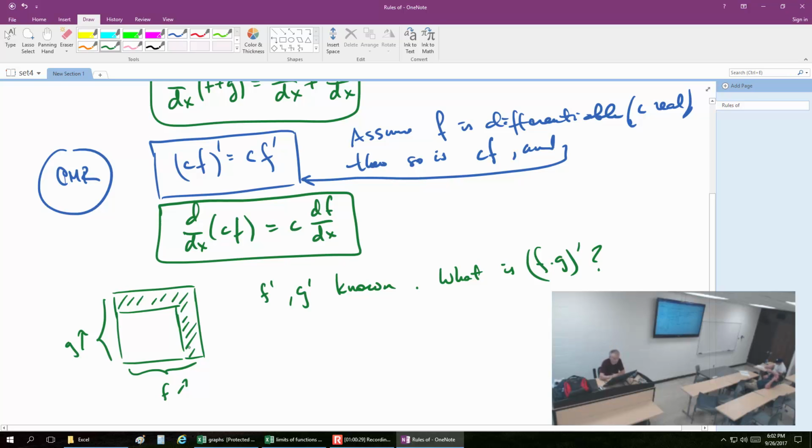First of all, there is the warning that is always given, that the derivative of the product is not equal to the product of the derivatives. So (f times g) prime is not equal to f prime times g prime. You can have a number of explanations why this cannot be true. One of them is units.